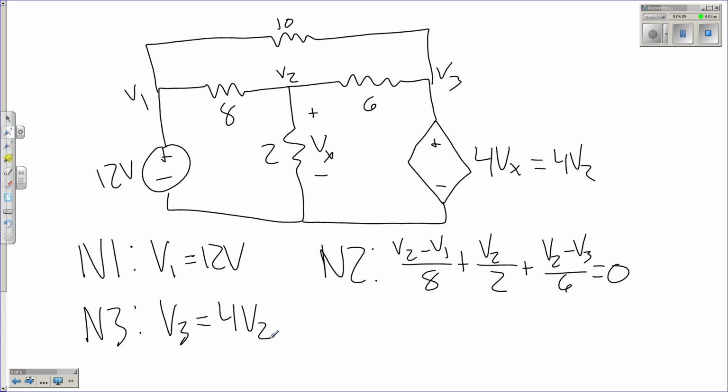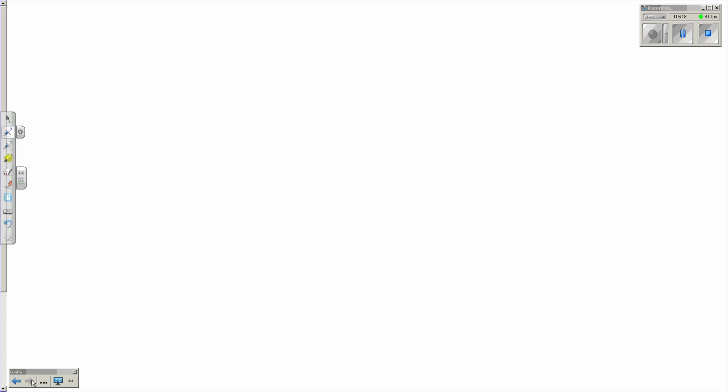Okay, now how about if we throw a monkey wrench in there and put a supernode into this circuit using a dependent source. So we'll go back to what we had. 12 volts here.